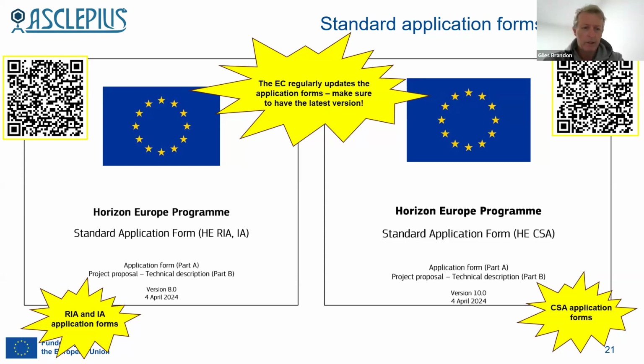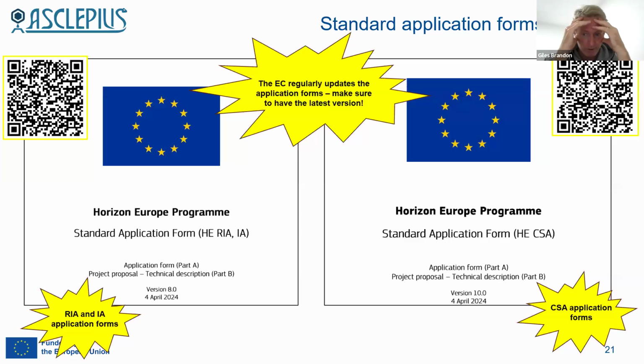Make sure you download this document. Make sure you download the latest version, okay? At least a few weeks ago when I looked, the latest version was version 8.0, dated 4th of April 2024. But I'd say beware. I can well imagine in the next month or two, there'll be an updated version.